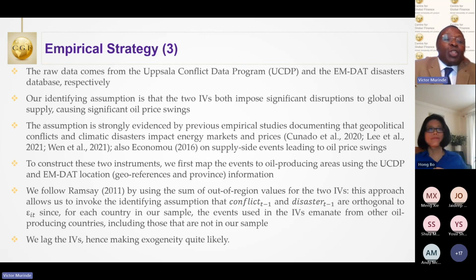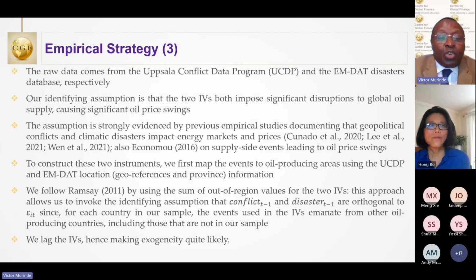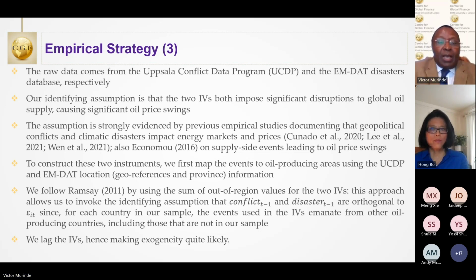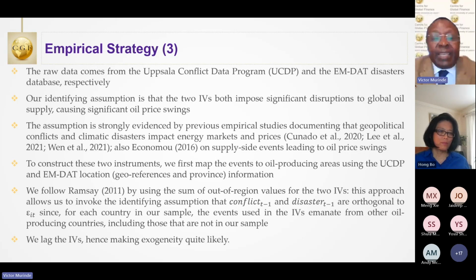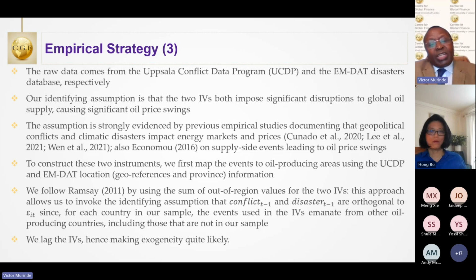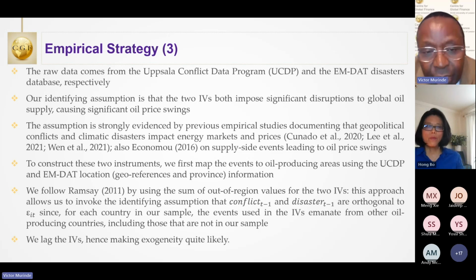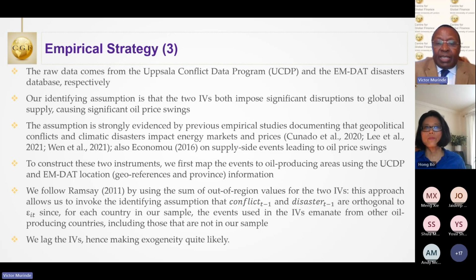And this identifying assumption, at least in theory, is strongly evidenced by previous work that documents geopolitical conflicts and climate disasters' impact on energy markets and prices. Here there are quite a number of papers by Conado 2020, Lee and others 2021, and Wen and others 2021 or so. But also there is an interesting paper by Economy, who looks at the supply side events leading to oil price swings.